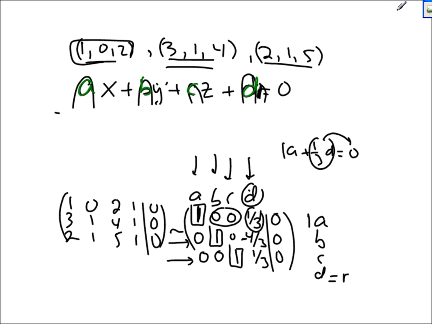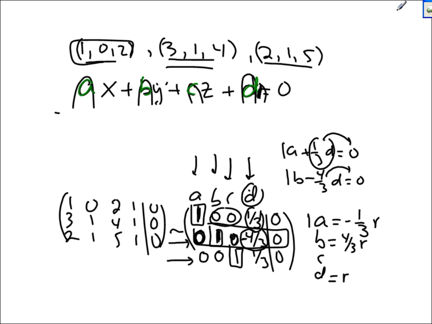Bring this to the other side. 1A is negative a third D. But D I'm calling R. The second row says 0A plus 1B plus 0C, which is just 1B, minus 4/3 D is equal to 0. Well, if you bring this to the other side, you get that 1B is 4/3 D, but D is R.